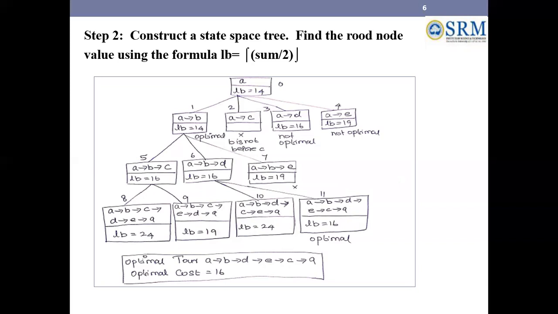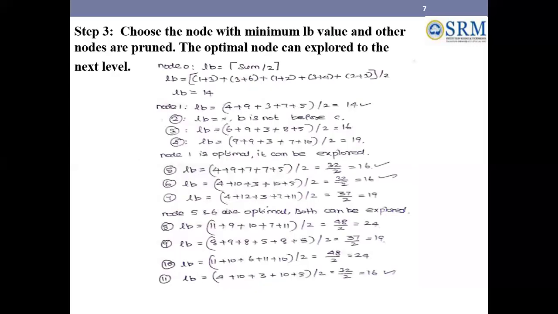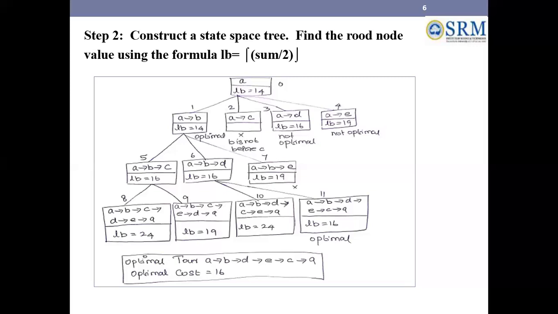And find out the node 1 value. So A to B is fixed. So for each node, we have to find first two minimum value. So for node 1, lower bound value is first two minimum. So in that, we have to fix the city AB.